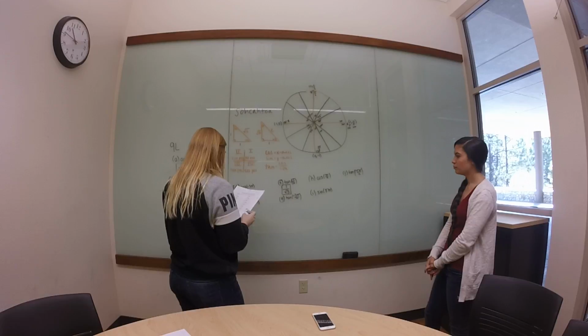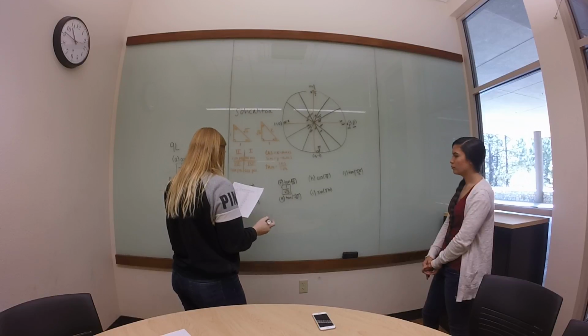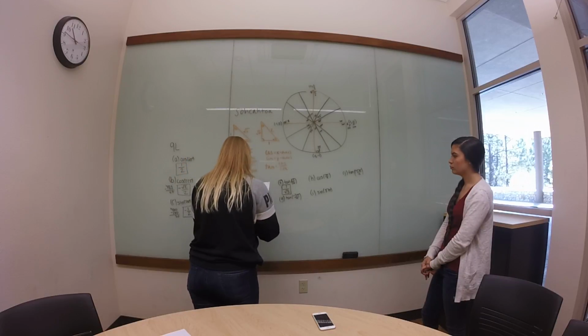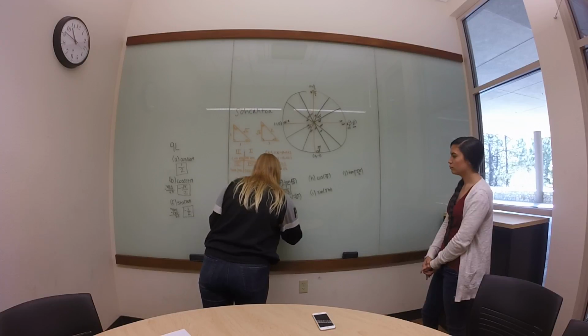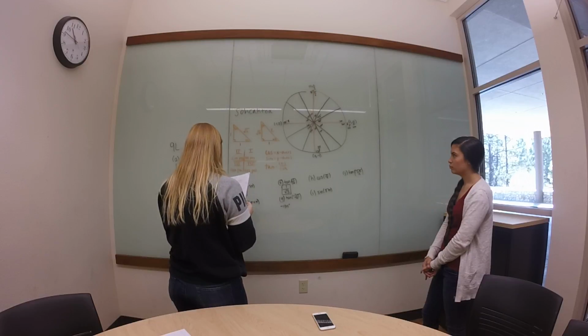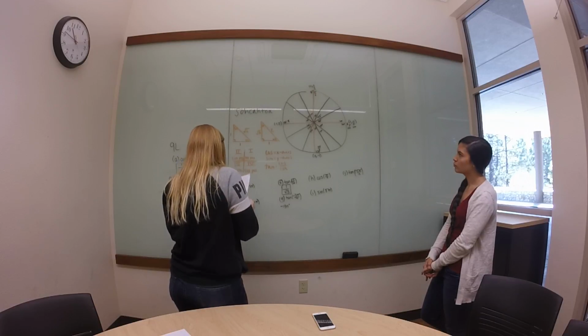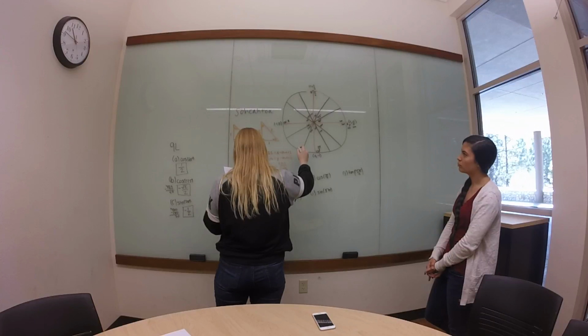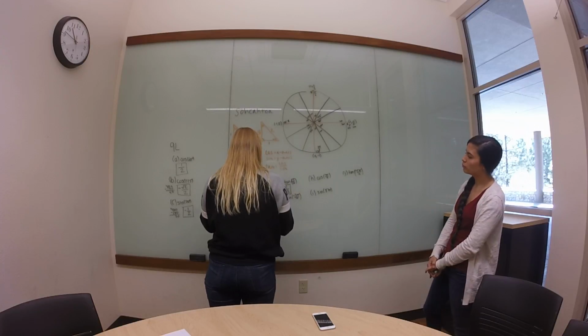For G, the tangent of negative 3 pi over 4. Negative 3 pi over 4 is negative 135 degrees. So negative 135 would be in the third quadrant, and since it's tangent, it's going to be positive.